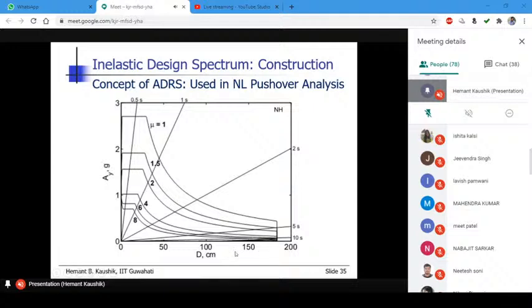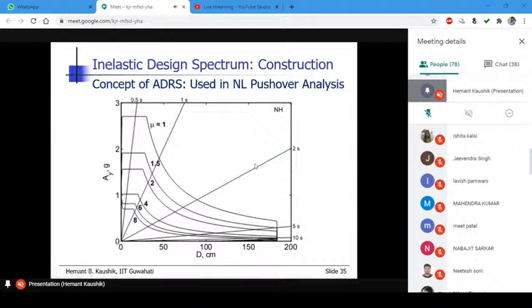There is no axis for time period here. When we plot it, we can draw diagonal lines, in the sense lines crossing the origin. With different inclinations, each of these lines represents some natural period of vibration.